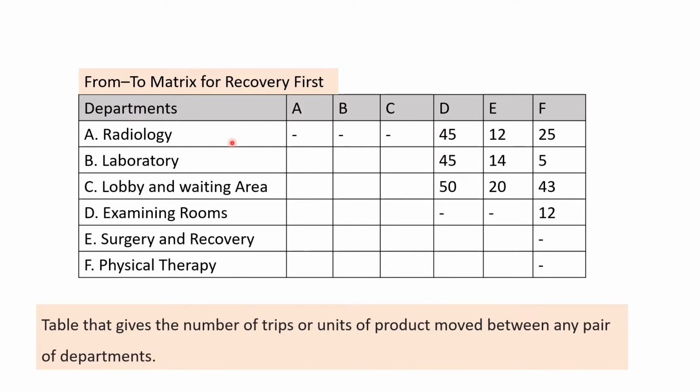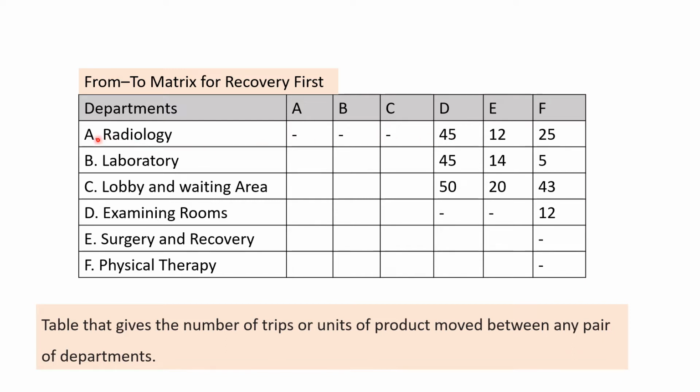So this is the from-to matrix for Recovery First. This from-to matrix tells the frequency of movement from department to department. For example, from radiology to examining rooms, that is D, there are 45 trips, 45 frequency of movement.